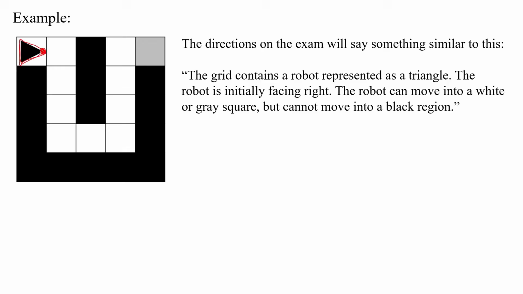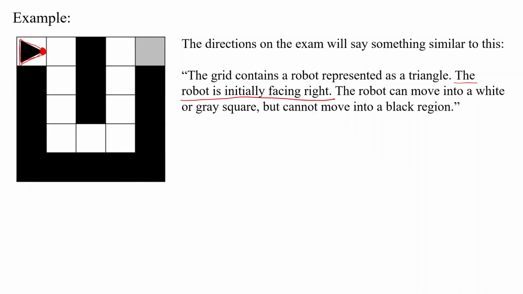And this tip right here of the triangle, it's usually an isosceles triangle. So the tip of the triangle is representing which direction the robot, the triangle, is facing. So in the directions, it'll say the robot is initially facing right, because you can see in the grid that the tip of the triangle is to the right side of that box that the robot is in.